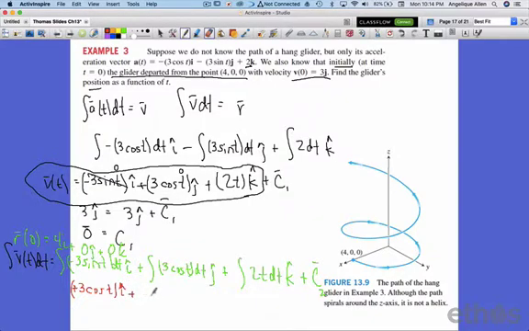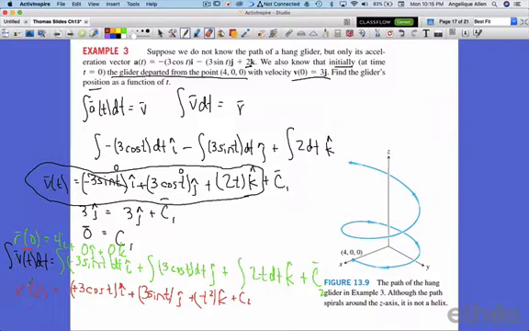All right. 3, the antiderivative of cosine is sine j. And the antiderivative of 2t is, you want to say t squared over 2, and the 2's cancel, so you got t squared k plus C2. Now, okay, that is our r of t. Now we can do the substitution.